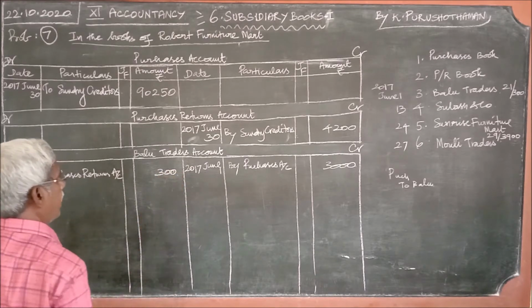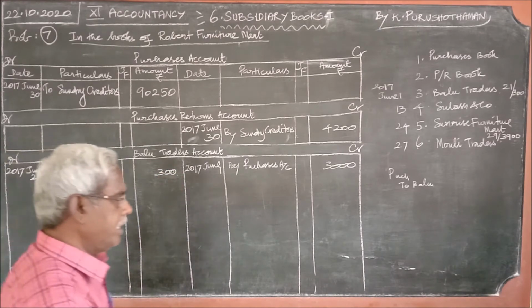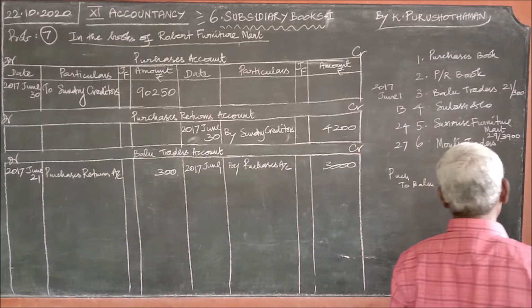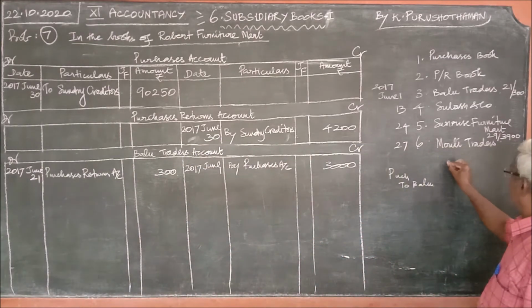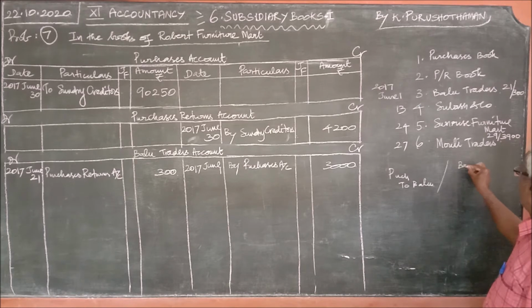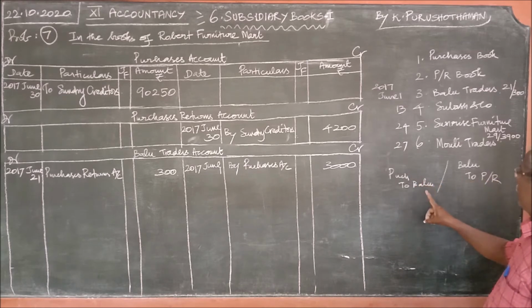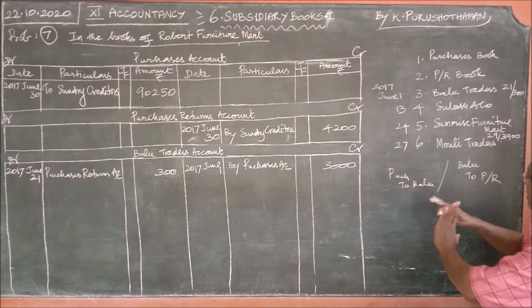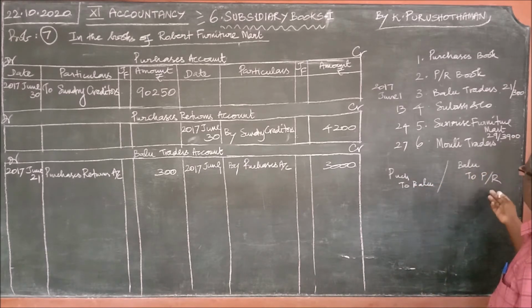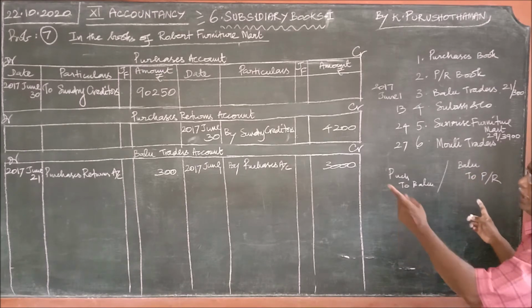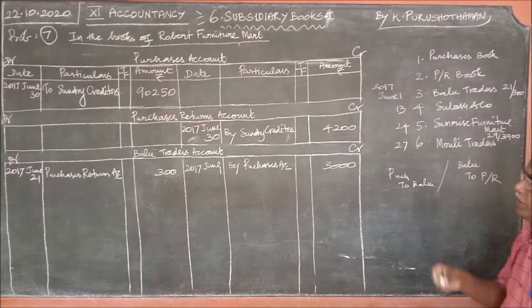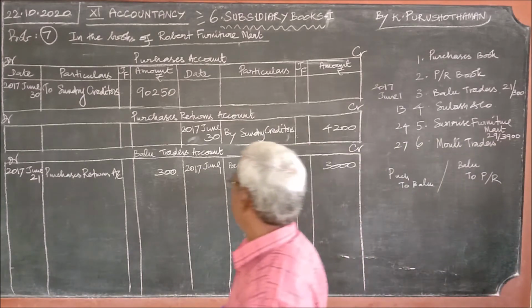We need not balance. What is the journal entry for purchases return? Purchases to Balu, whereas for the return the reverse entry, Balu account to purchases return account. So here Balu is on the debit side, therefore we will write purchases return account.